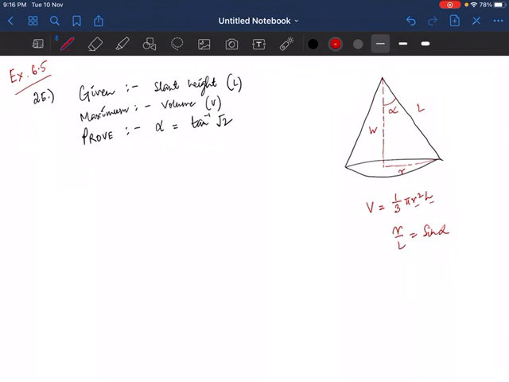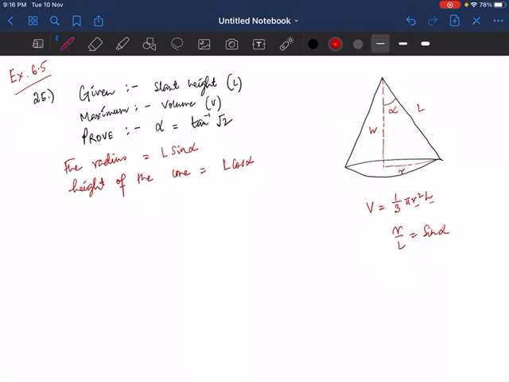So the radius is given by L sine alpha, and in the same way the height of the cone is given by L cos alpha. So now we know how to express the radius and the height in terms of the slant height and the semi-vertical angle.